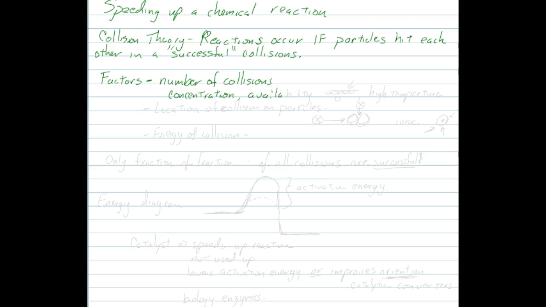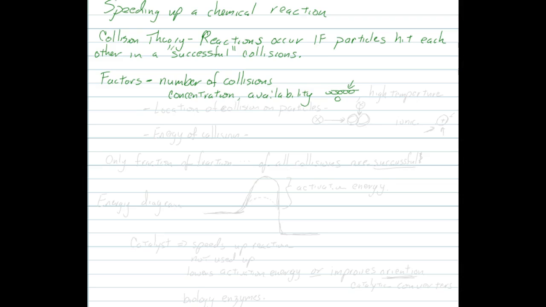Availability. This deals mostly with the state. If something collides, it has to collide on the surface. So availability is on a surface. These particles on the surface can be collided with, but the particles underneath are insulated by other particles of the same sort.